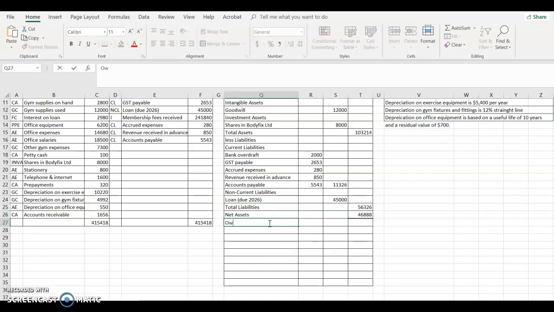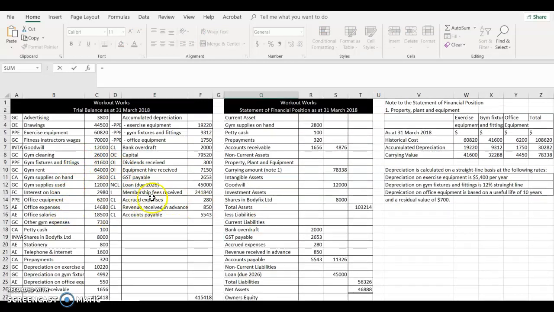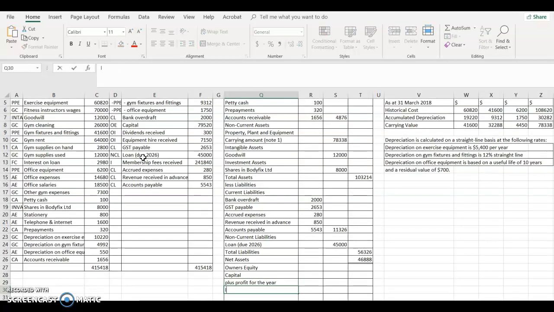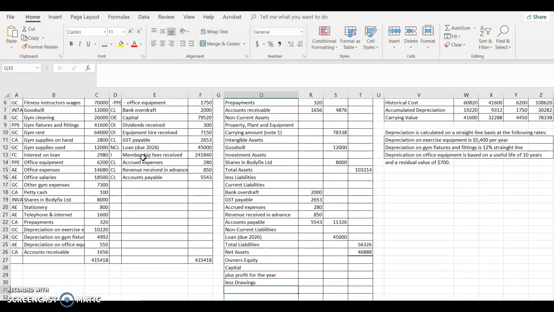Alright, last part, owner's equity. That's equal to your capital at the start. Over here, owner's equity. Plus profit for the year. Less drawings. And our ending capital.